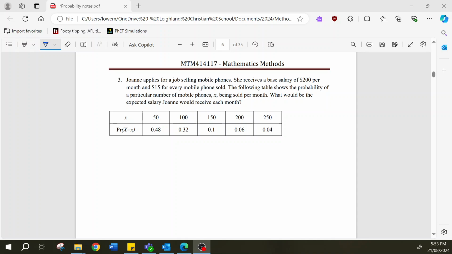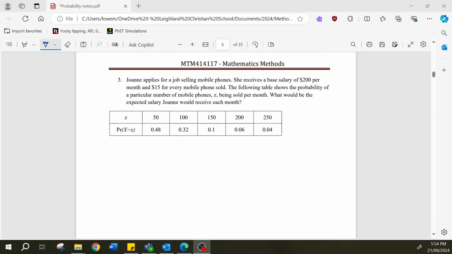Alright, on to the next example that we've got here. We've got Joanne applying for a job selling mobile phones. She receives a base salary of $200 per month, so that's regardless of whether she sells anything, and she gets $15 for every mobile phone sold. The following table here is the probability distribution showing the probability of a particular number of mobile phones sold per month.